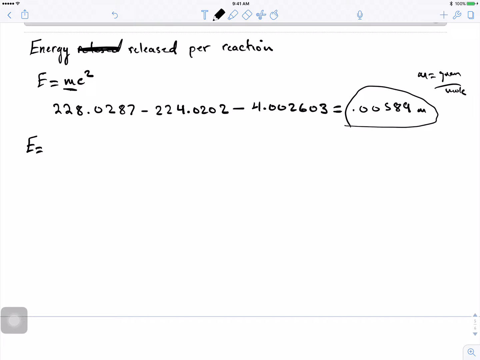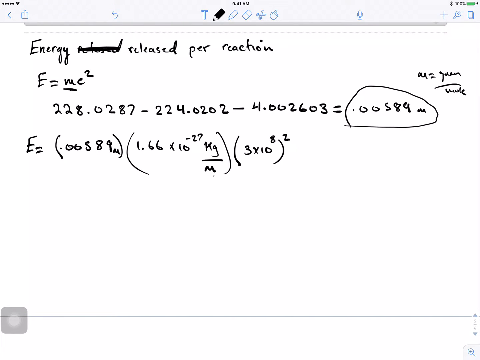So E is equal to 0.00589 U. We can change that to kilograms, 1.66 times 10 to the negative 27 kilograms per U, times 3 times 10 to the 8 squared. That gives us 8.8101 e to the negative 13 joules.